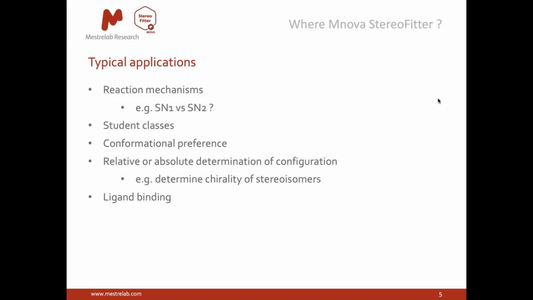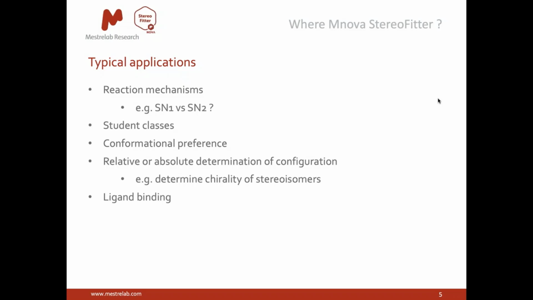Academics, with an eye on technology as a way to show their students what they will use when they graduate into industry, will be very interested to create lesson plans using Mnova StereoFitter as a platform to teach how NMR information correlates to molecular structure. Whether academic or not, simply knowing which conformation or set of conformations that a molecule prefers in solution can be informative. And somewhat related to reaction mechanisms is the determination of relative configuration.